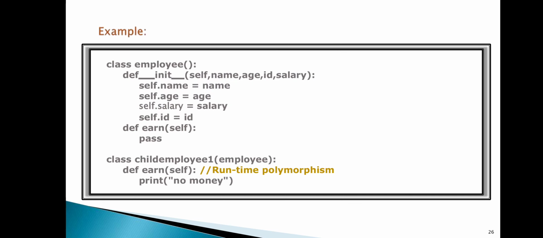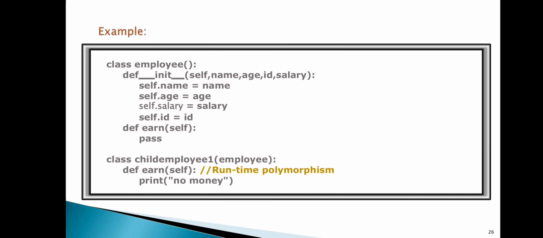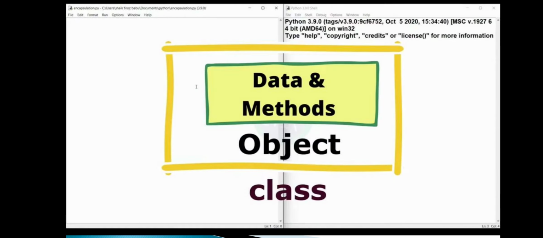The parent class Employee and the child Employee have the same method name, earn. Then the child class can override the parent class's earn method.